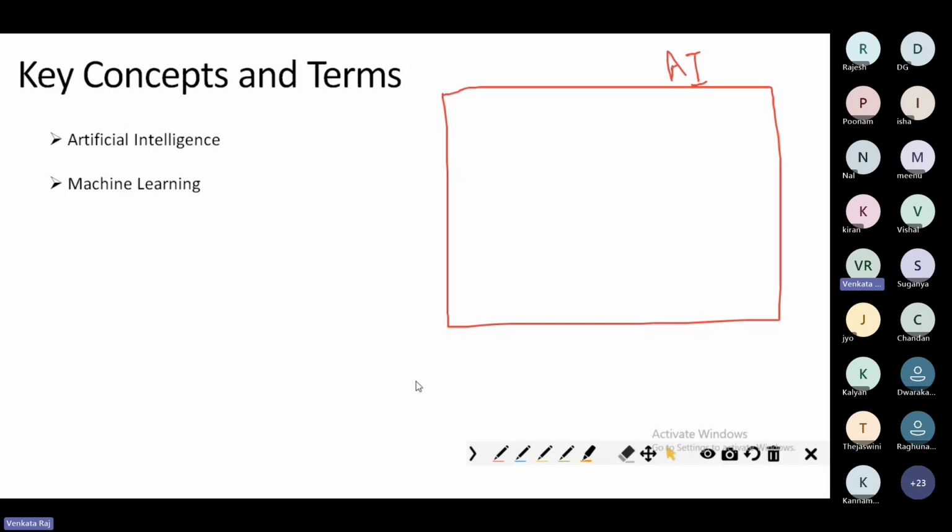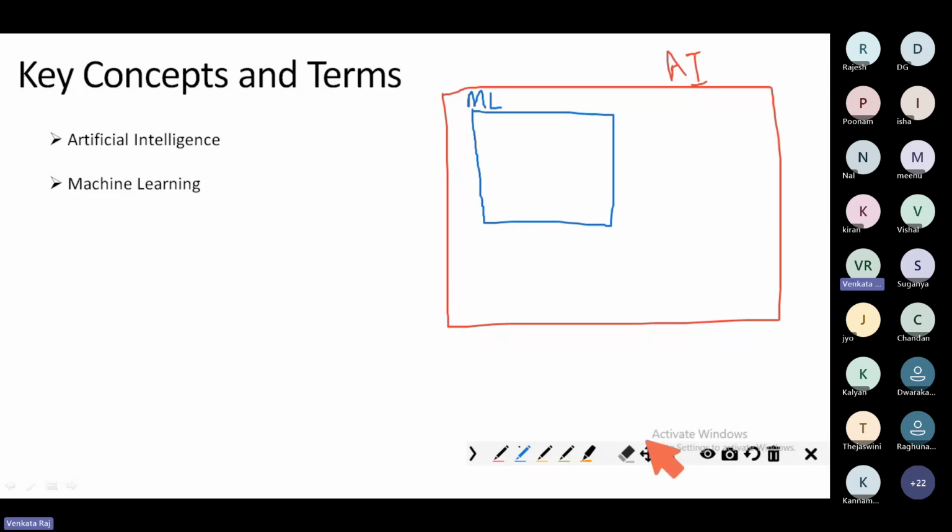While analyzing the data, we can detect different patterns within that data, and based on that analysis, based on that pattern detection, machine learning can make predictions or decisions. So machine learning is basically a branch of AI. Okay, here I can say that this is ML. All of you clear?